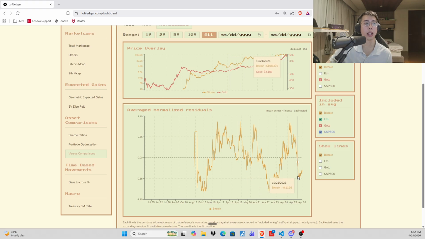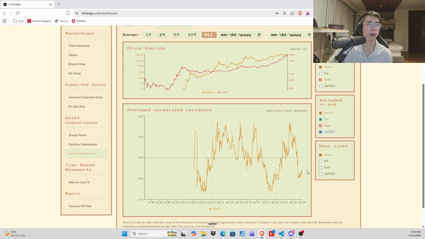So that's not to say that this isn't the bottom, right? But it could be, because other times, like in the 2015 bear market and the 2022 bear market, it did reach these lower levels against these other assets. So there are two ways this can play out, right? This could either be the bottom, wherein, relatively, it'll just go all the way back up here.